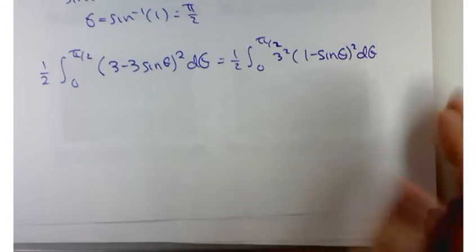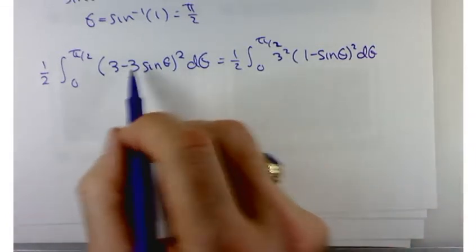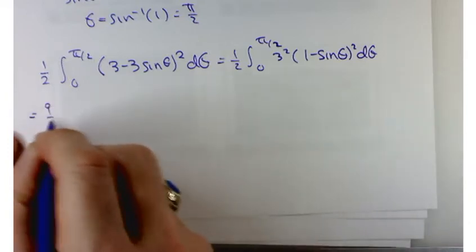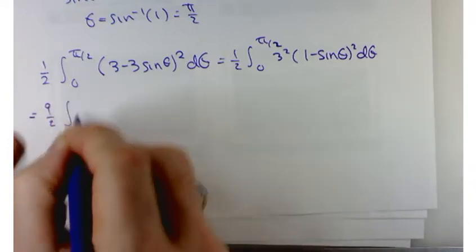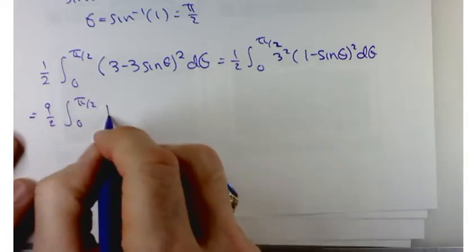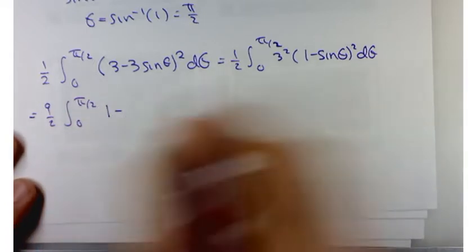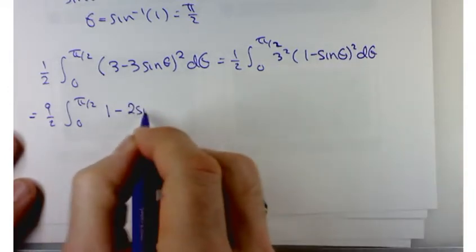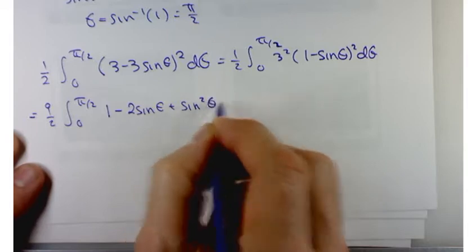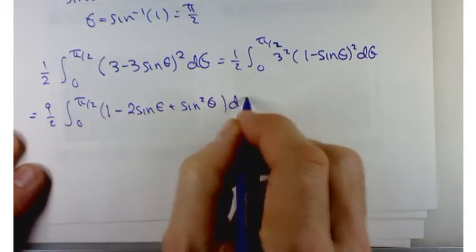So I factored out the 3, and then you had to square it to bring it outside the parentheses. So this is 9/2 times the integral from 0 to pi over 2 of 1 minus 2 sine of theta plus sine squared of theta d theta.